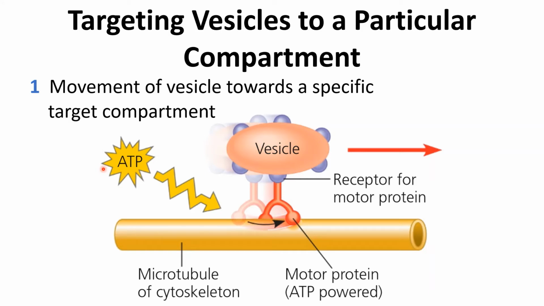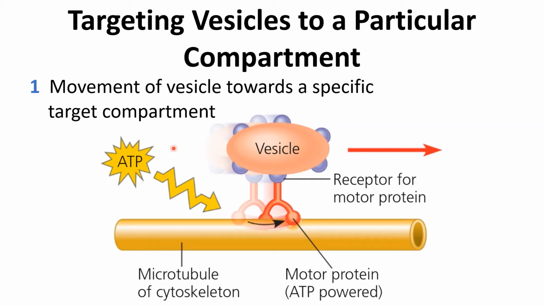It turns out that cytoskeletons are very important. They serve as railways. Here we can see an illustration of a microtubule. And the vesicle is actually not just surrounded by the coating proteins, but there is also a motor protein attached to it, sort of like a leg.